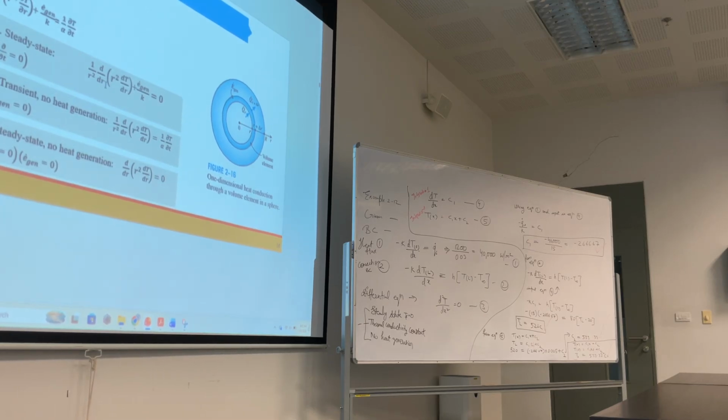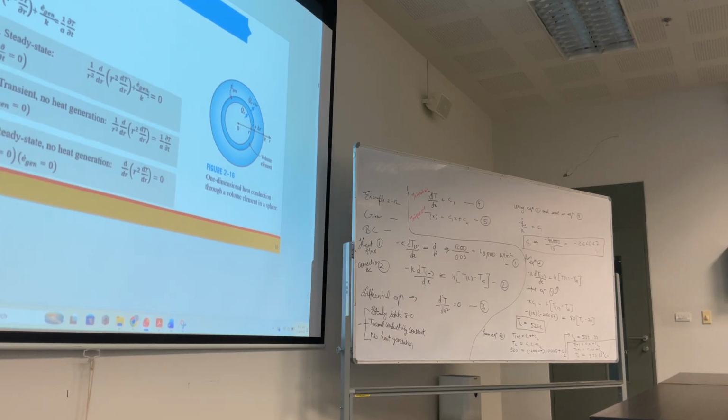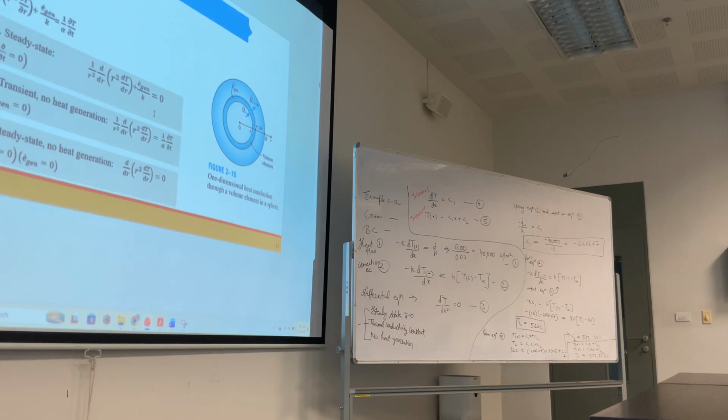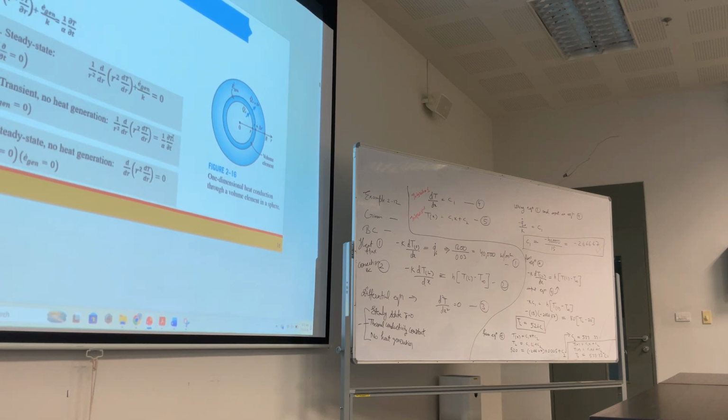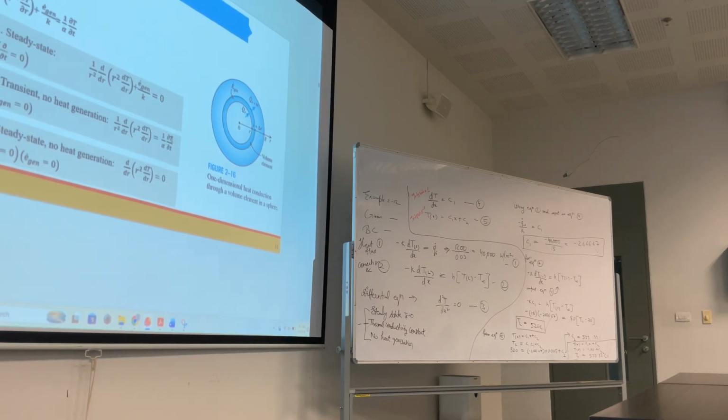Again, we cannot use this as well because that question does not have energy generation information. The second is transient with no heat generation, but the heat transfer is not transient. It's not changing with time. Capital T is temperature, small t is time. It's not changing with time in that numerical.